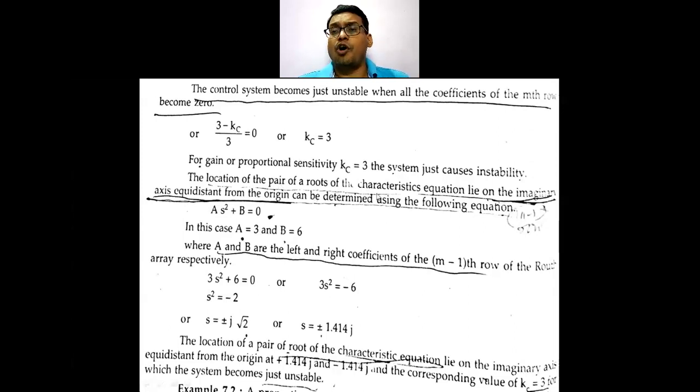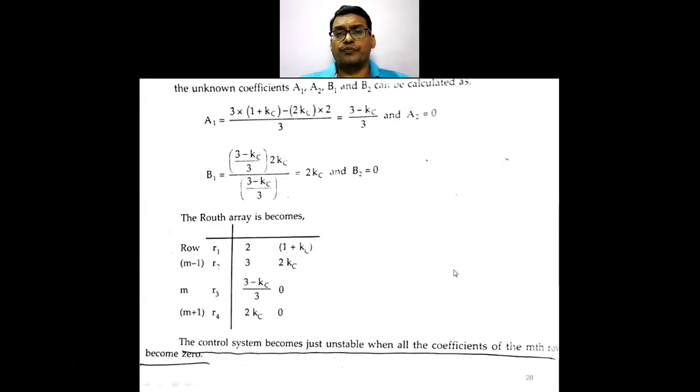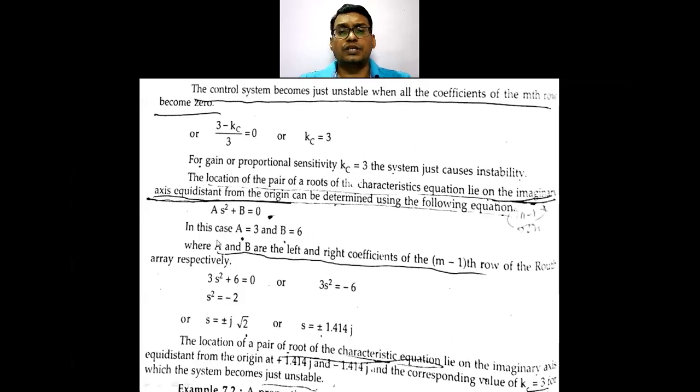Now what will be the pair of roots? The location of the pair of roots of this characteristic equation lying on the imaginary axis, equidistant from the origin, can be determined using the following equation: As square plus b equals 0, where a and b are the two coefficients of the m minus 1th row, that is 3 and 2 Kc.